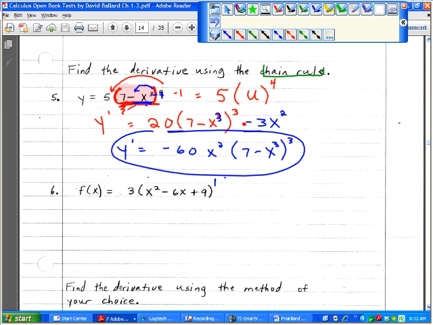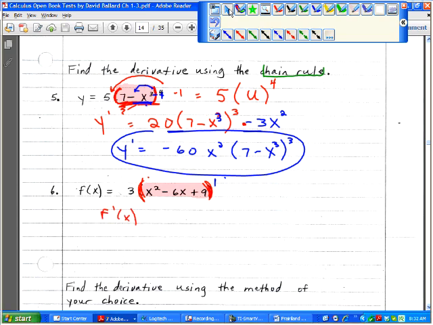And what created the chain was the parenthesis wrapper, right? And my U, or my single entity, or the guts of this function, is what's inside the parenthesis there. So we're going to take the derivative of the wrapper, the function, and then we're going to take the derivative of what's inside that wrapper.